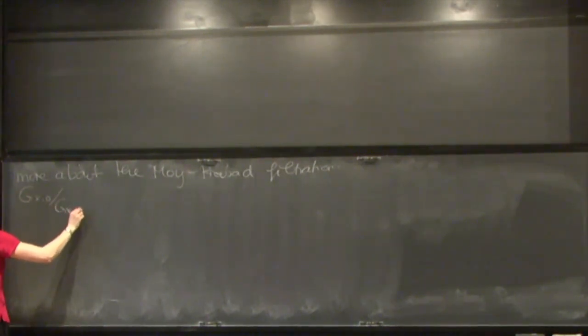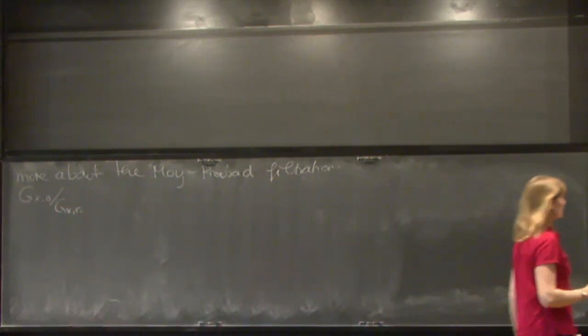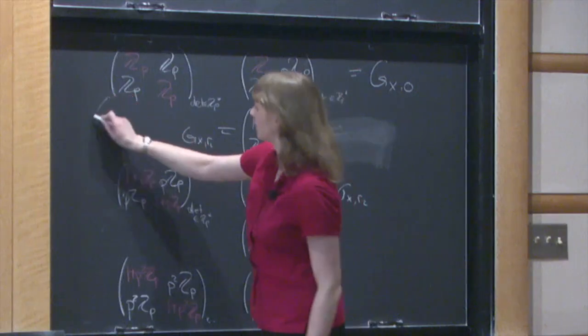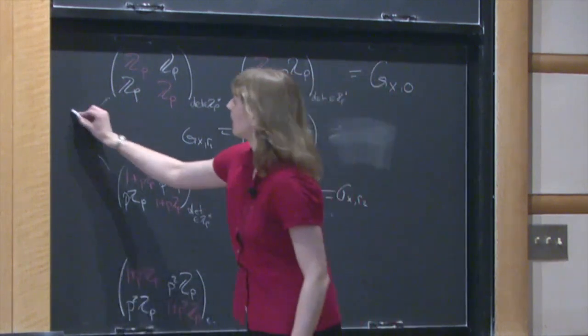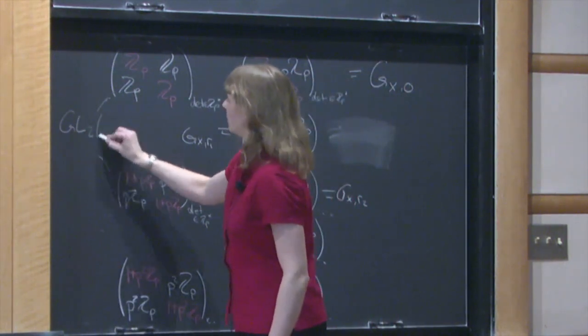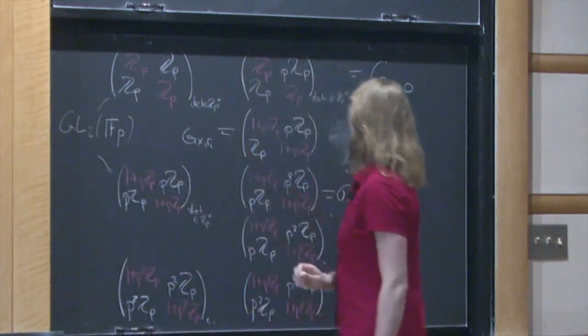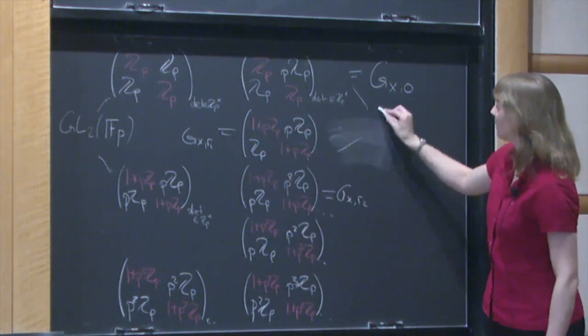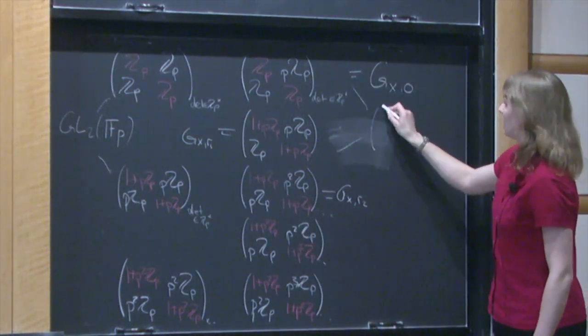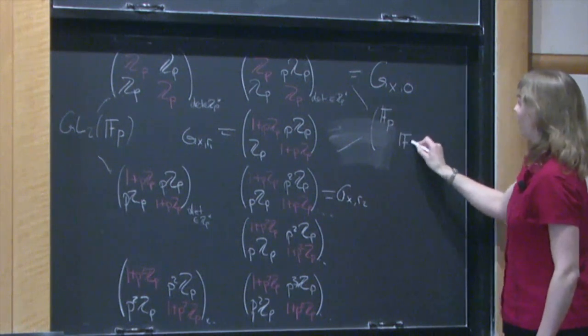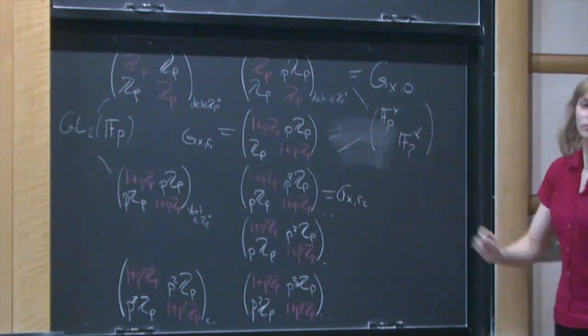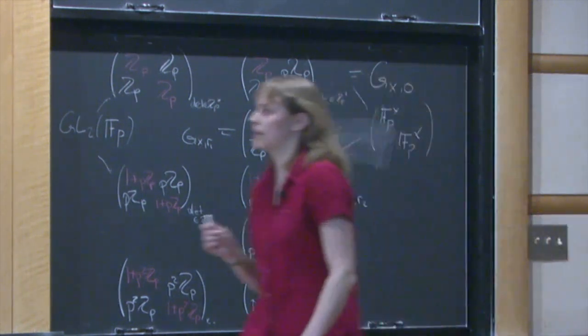So if you look at G_x,0 or G_x,r_1, so what is it? In this case, if you look at these two groups, what you get is GL2 over the finite field. And if you look at the quotient here, what you get is just the diagonal matrices over the finite field. In both cases, you get a group, and that's what always happens.